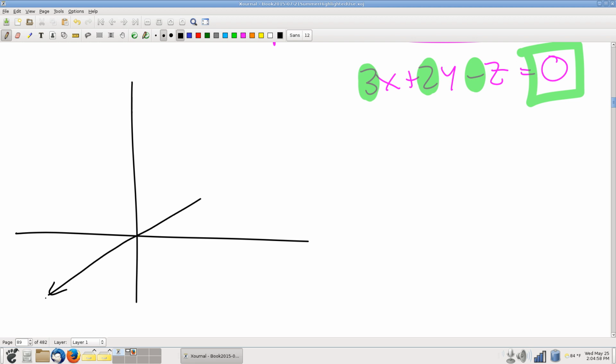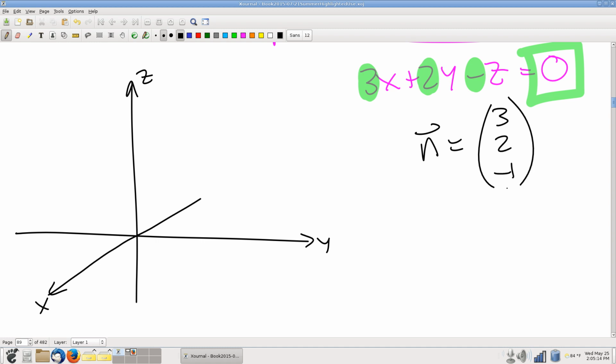Right, so x, y, z, and let's see here. So we know our normal vector is 3, 2, negative 1. So let's try to draw that vector first. All right.